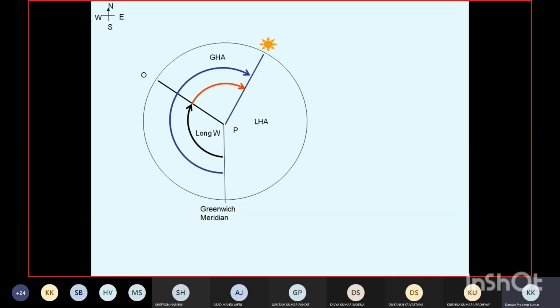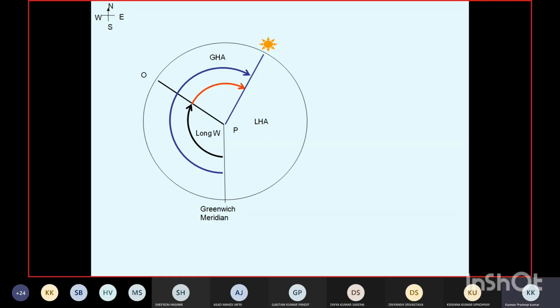What is LHA star now, the red one? GHA was from the meridian of longitude, Greenwich. SHA was from the meridian of the first point of Aries. LHA is from the meridian of the observer.